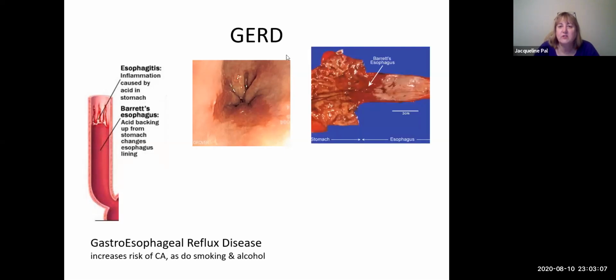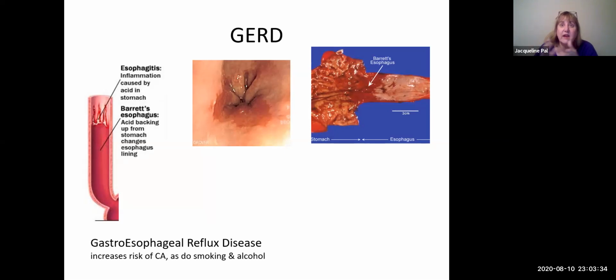Here's a picture of a surgical specimen. Off to the right is the esophagus, and you can see its white epithelium. Over here on the left side is the stomach with its yellowish brown epithelium. And right here in the middle, this bright red part is where the acid from the stomach has basically burned its way through the epithelium, the mucosa of the esophagus.